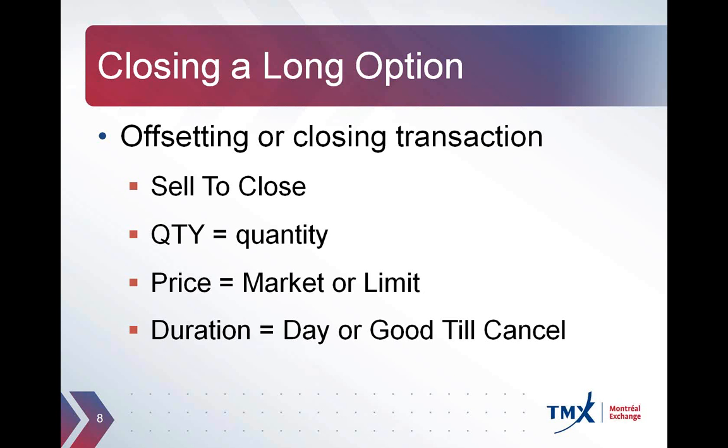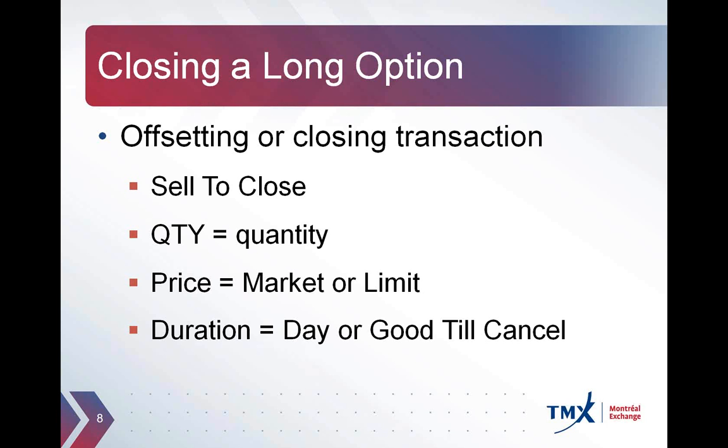When we're looking at closing a long option, now we have to offset it. This position is in our account, so Jason opened a few positions and he's going to demonstrate how to close them out. To offset with a closing transaction, now that it's in the account, we have to sell it to close it out.